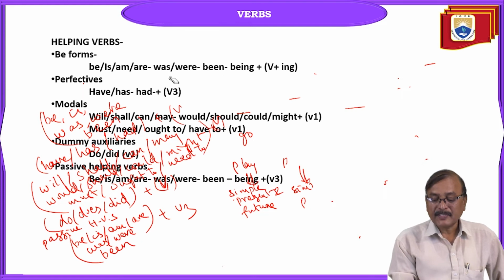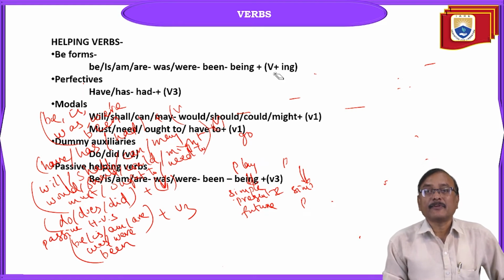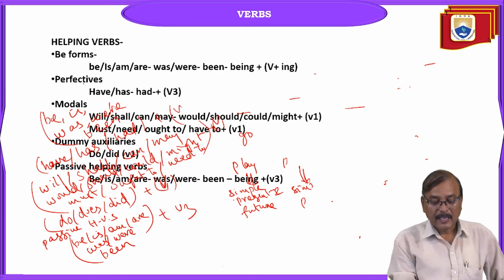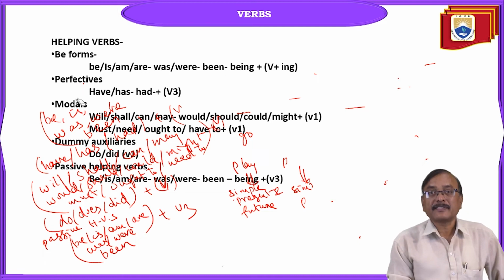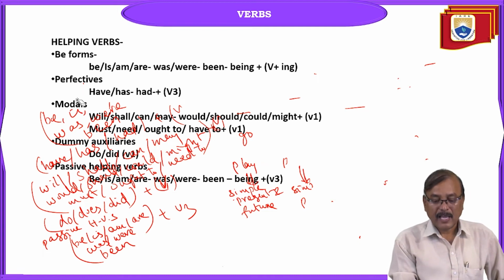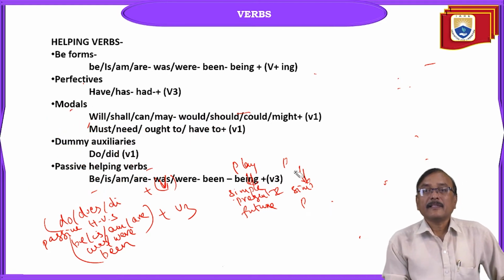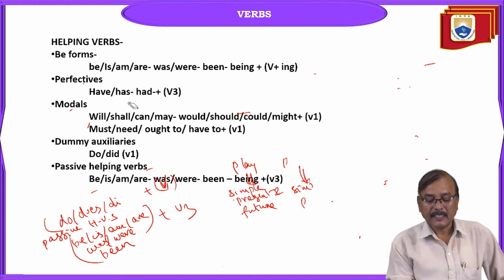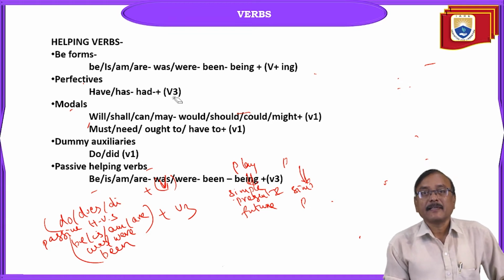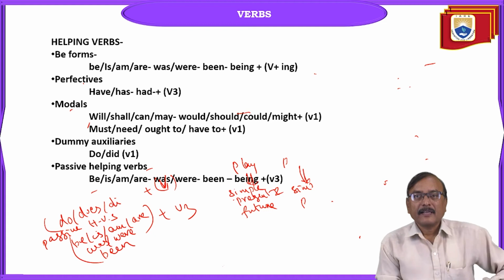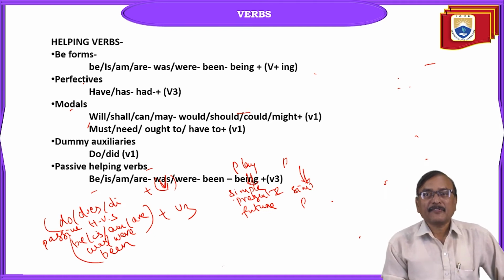These be forms in active voice are generally followed by the verb ing form. And the perfect forms are have, has, had, followed by V3 form: have V3, has V3, or had V3. Present perfect, past perfect, or future perfect will have V3.